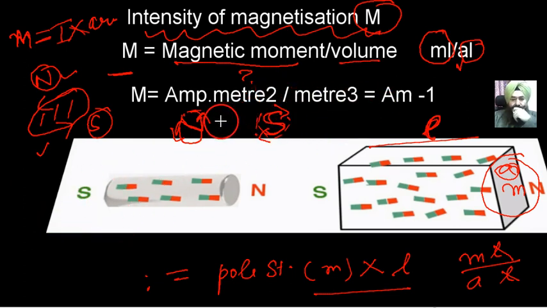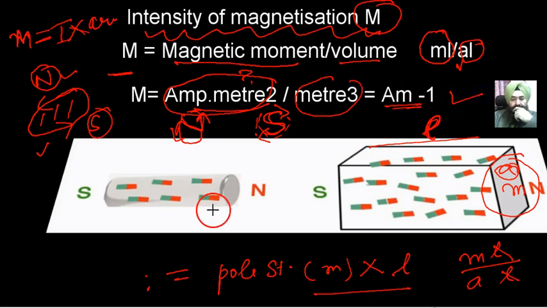The unit becomes ampere per meter. Magnetic moment has unit ampere meter square, volume is meter cube, so it is ampere per meter. So this is intensity of magnetization.